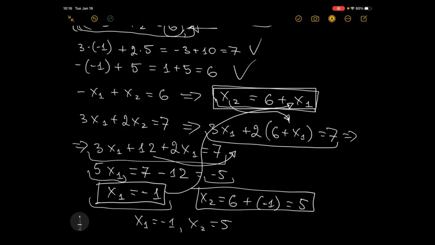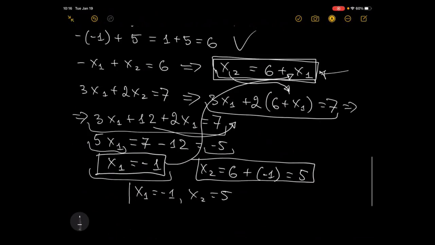Then, using this relation between the unknowns, you can easily find x2. Is this a unique solution? Yes. But we will come to the uniqueness a little bit later, okay?